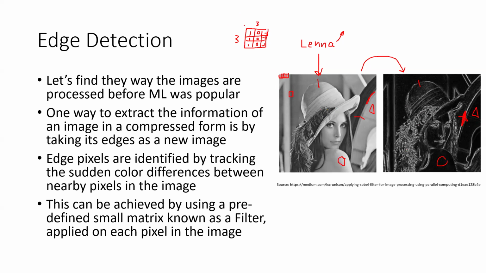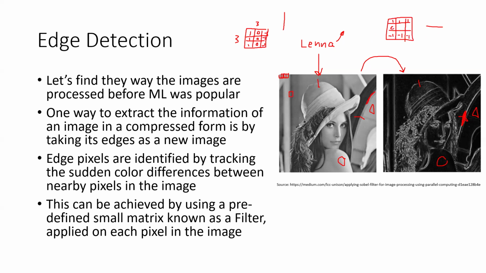So this one can identify vertical edges, and you can also have another 3 by 3 mask for detecting horizontal edges, something like this, right? 1, 1, 1, 0, 0, 0, minus 1, minus 1, minus 1.